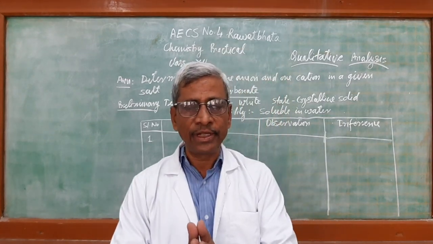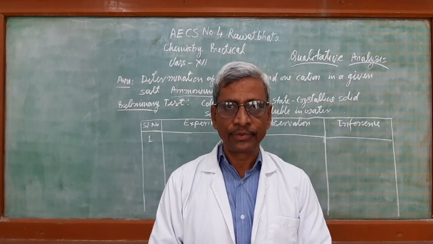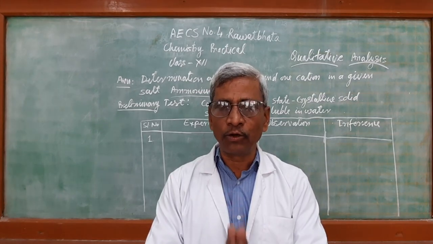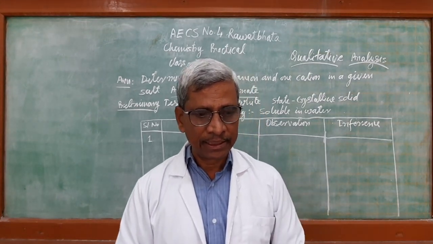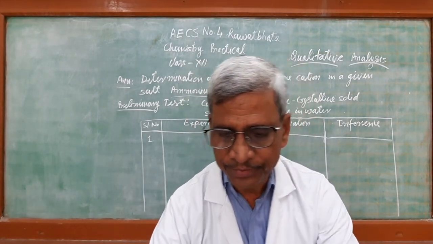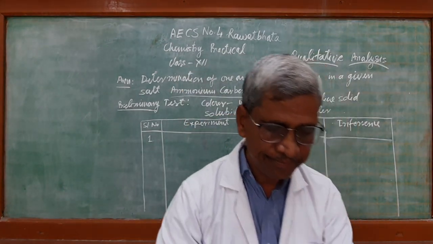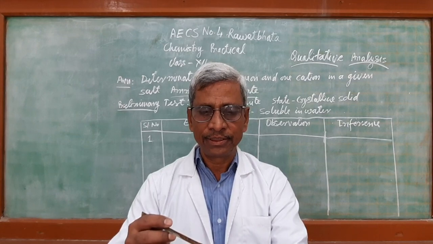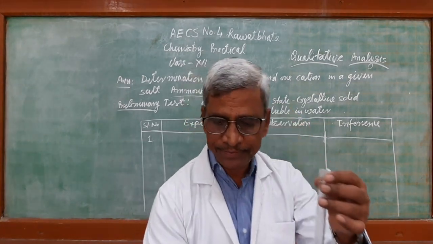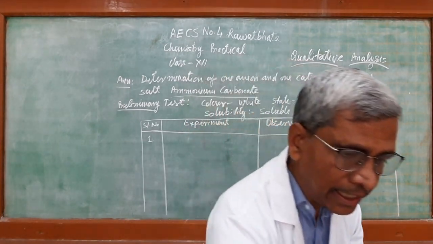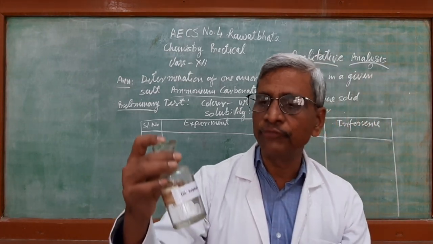Then, starting with the anion, we first start with the dilute acid. Take a small amount of salt in a test tube and add dilute sulfuric acid.